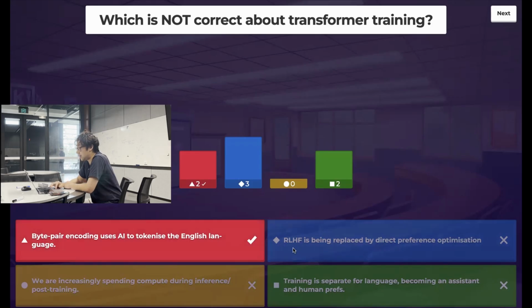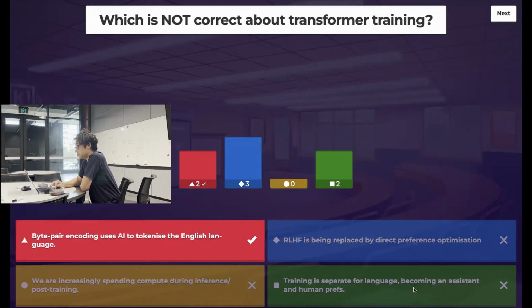Other stuff here, so RLHF. Actually, I might start here. When we're doing training, it's usually separate steps for different parts of the process. The first step is to train for language. That's the masking stuff that we talk about, masking part of the sentence, a small part of the sentence, or the whole sentence. That's training for language.